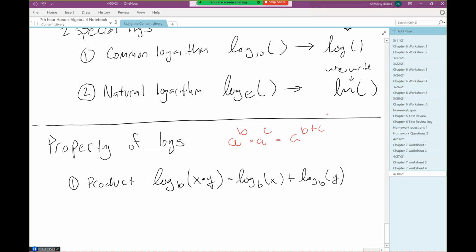And we know that logs and exponentials are inverses, so the reverse is happening. The multiplication inside the logarithm turns into addition outside the logarithm. Isn't that kind of neat? If we were to prove this product property of logarithms, we would use this property of exponents to do so. Because we rewrite the logarithms as exponentials, apply that property, take the result and rewrite it as a logarithm, and you'd be done.